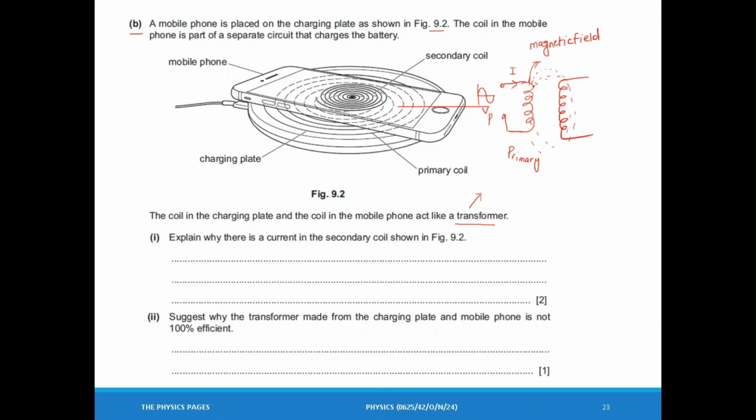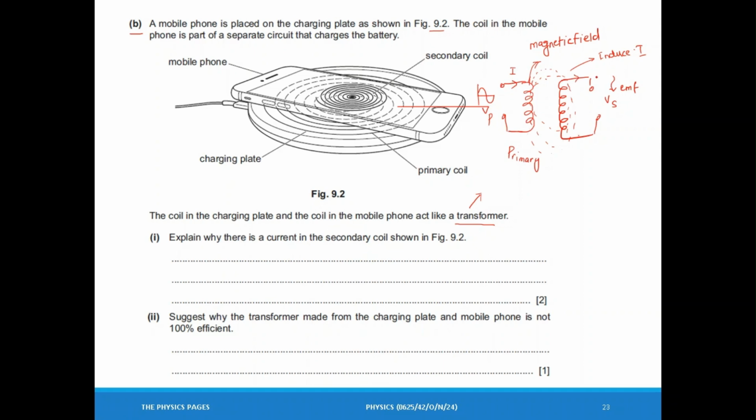So this changing magnetic field will also induce current, and induced EMF will be observed here in the secondary coil. So this will be induced EMF and this will be induced current.